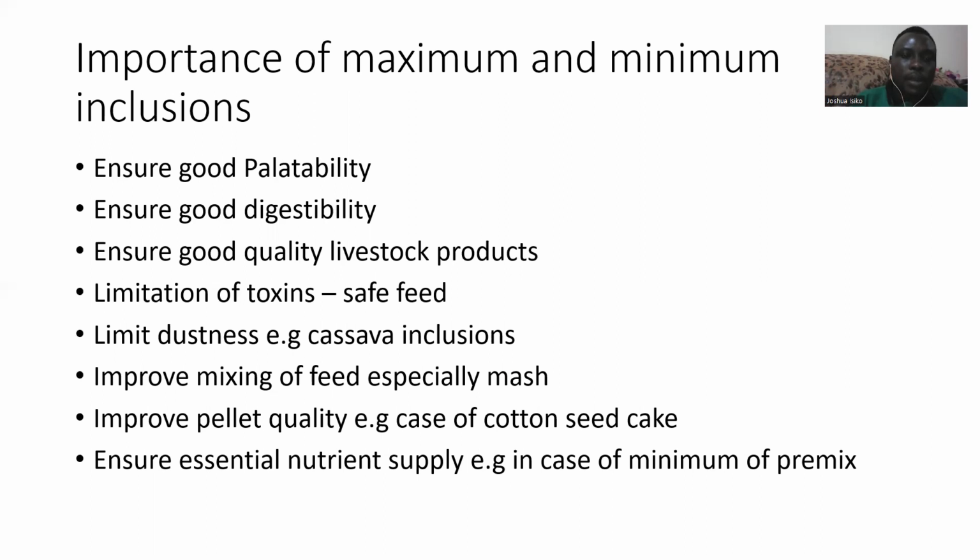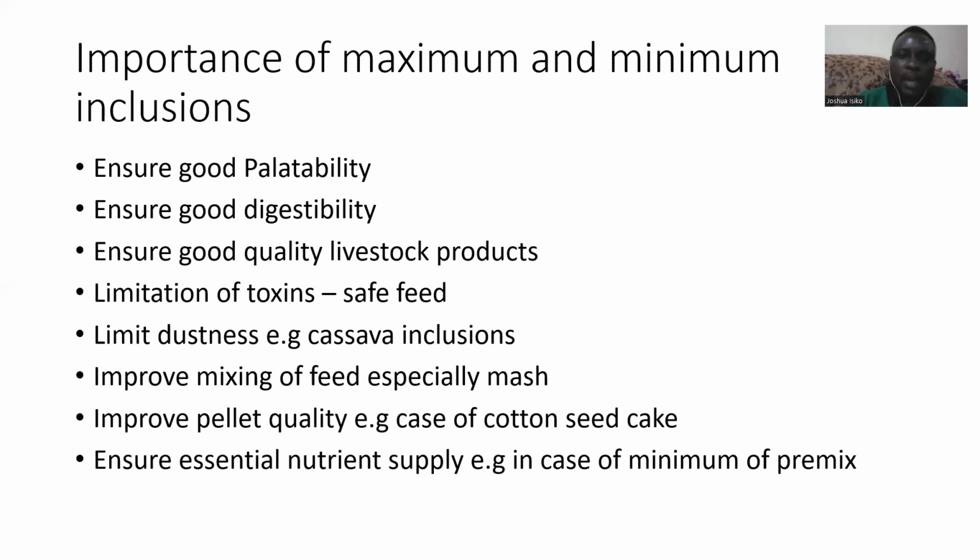And then the other importance is quality livestock products. Yes, you may have managed to feed and birds are growing, fish are growing, pigs are growing, cats are growing. But the question is, how does the egg taste?